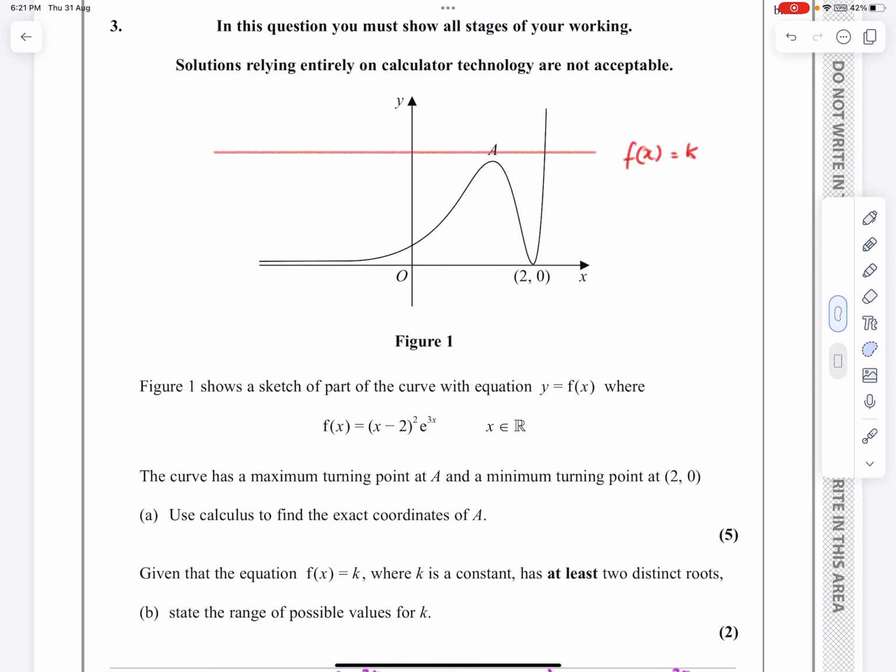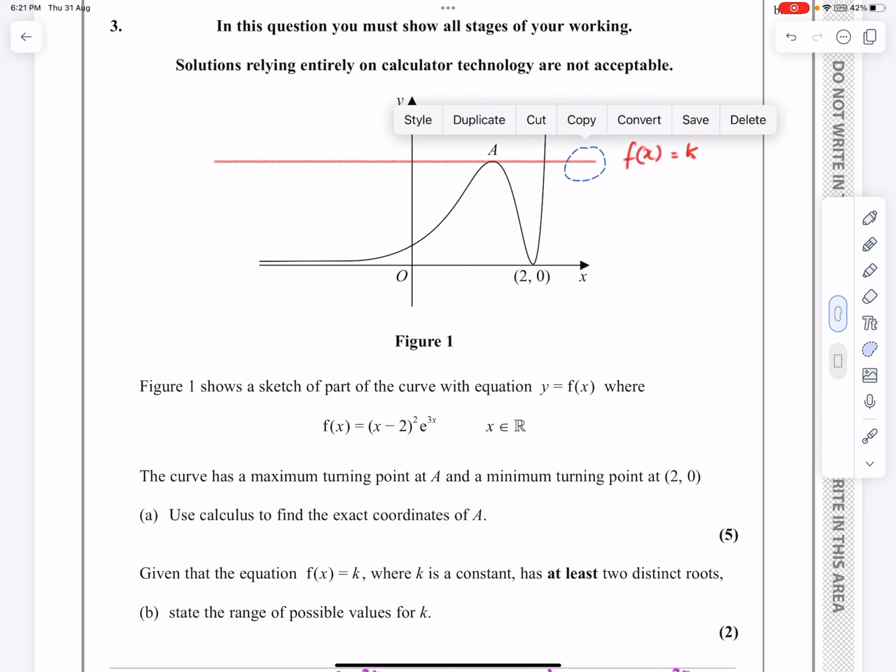So if I do now bring this down, just bear with me with my iPad, to that point, at the point where it's actually hitting A there, now it's got exactly 2 roots, hasn't it? Because it's hitting that maximum point.